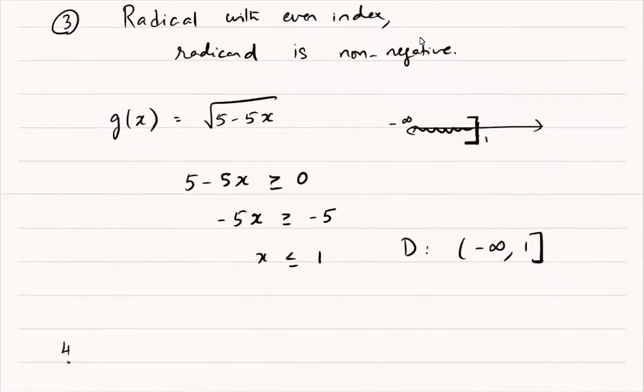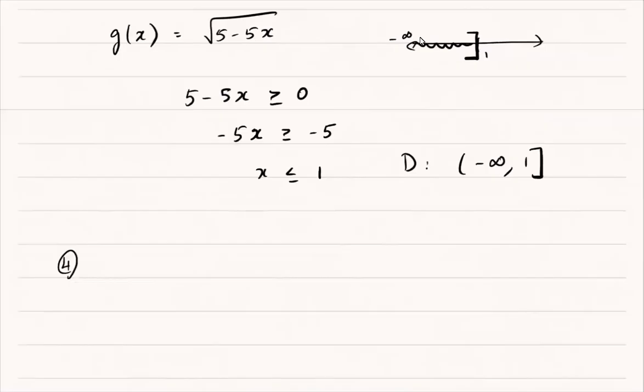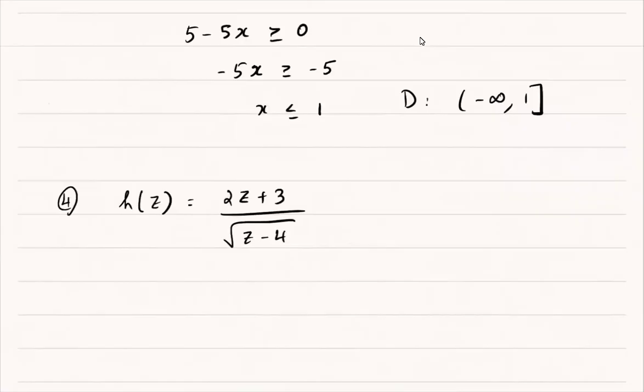So then you could have situations where these two are combined, right? So an example is if I have something like h of z is equal to, let's say, the square root of 2z plus 3 over, let's say, z minus 4. So here you have a fraction, but you have a radical in the denominator, right? So whenever you see a radical, you know that you don't want it to be negative.